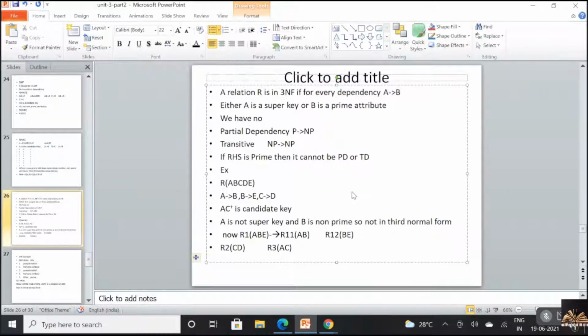I can figure that out. What are the things that are not in the RHS of the FDs? B, D, E. I've got AC.